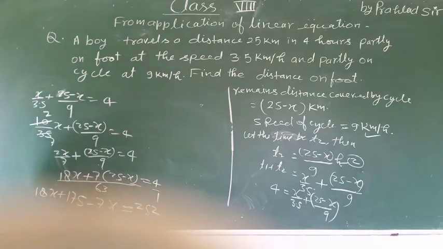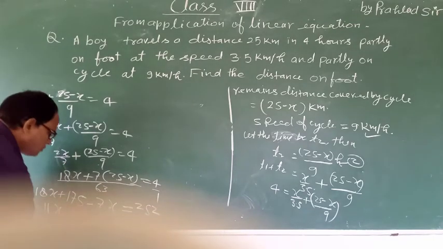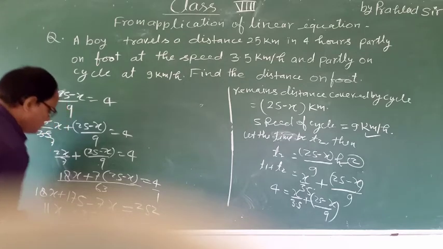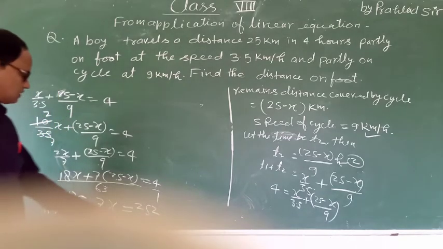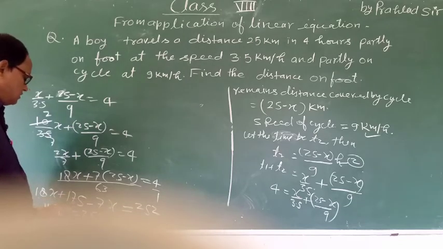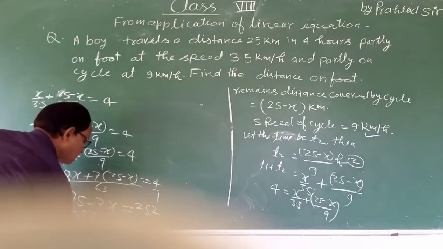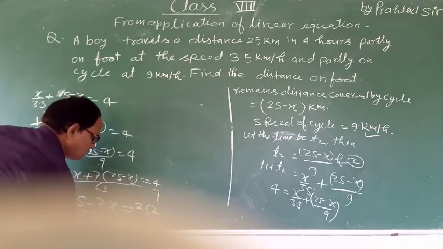Okay student, 18x minus 7x gives 11x. Transferring 175 from this side to that side, we get 252 minus 175.